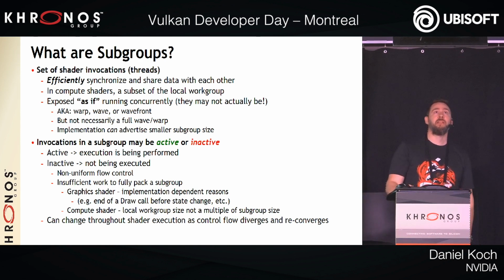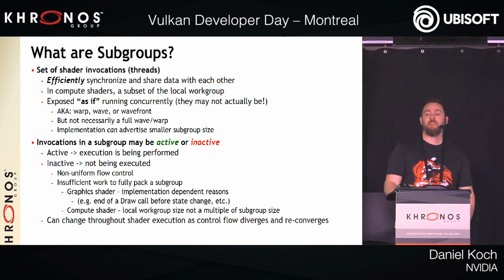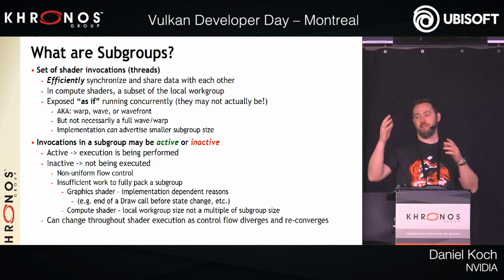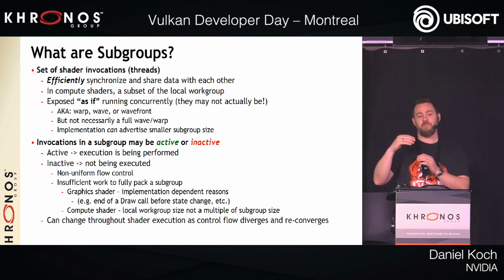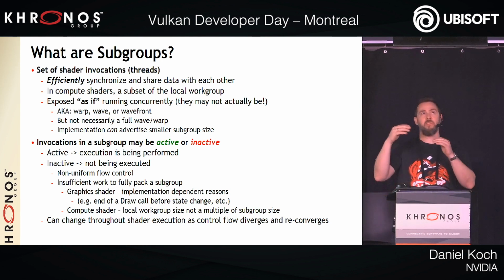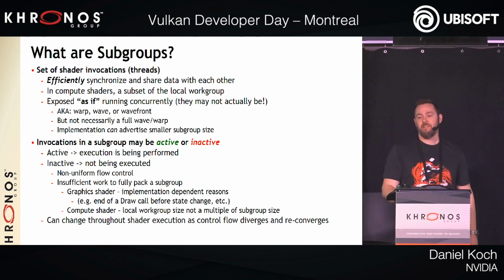Other reasons are that in a graphics shader there are various causes. For example, you may have a draw call followed by a state change. Your vertex shaders could run in parallel if they were using the same state, possibly processing them at the same time. But if you have a state change, you're going to have to flush the vertex pipeline, so that's not possible.